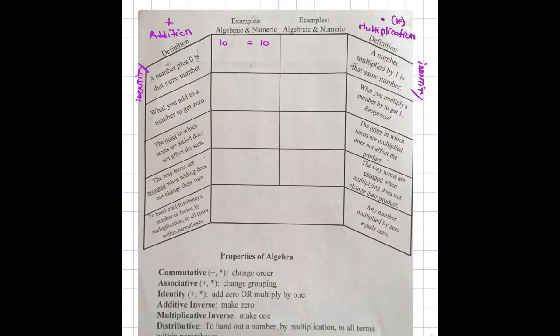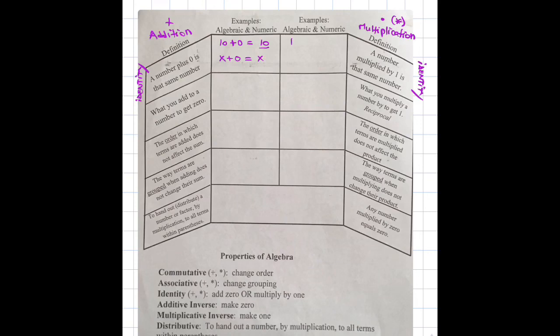In the case of addition, we have to add a 0. So 10 plus 0 gives me the identical number, which is 10. Similarly, for a variable, x plus 0 gives x.